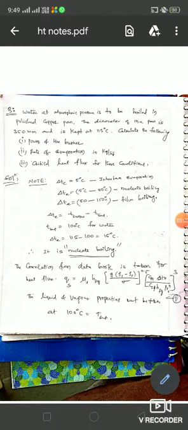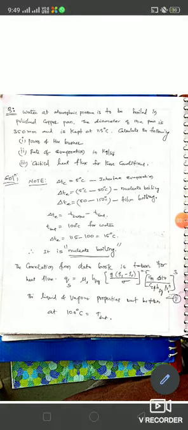So what is given? The given things are atmospheric pressure. We know 1 atmospheric pressure is equal to 1.01325 bar, and at that pressure the water is to be boiled in a copper pan, and at atmospheric pressure the saturation temperature of water is 100 degrees Celsius.